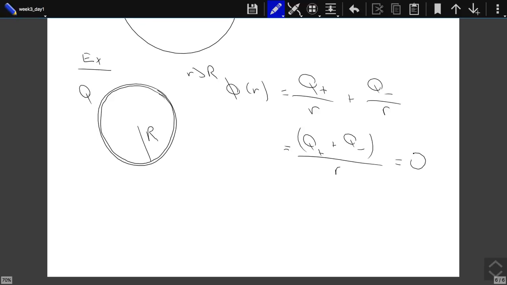Let's see if our expression gives us the same result. We are looking at the potential over here, and we said that phi is equal to the integral of dr prime d omega. Let's look at what d omega is.